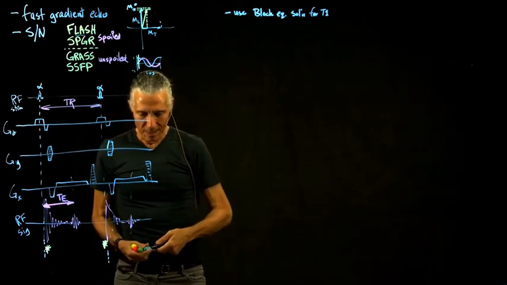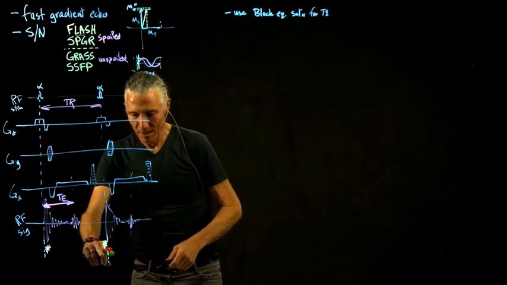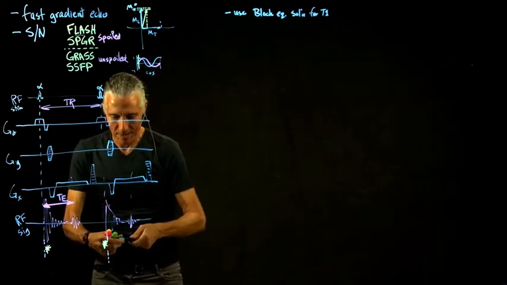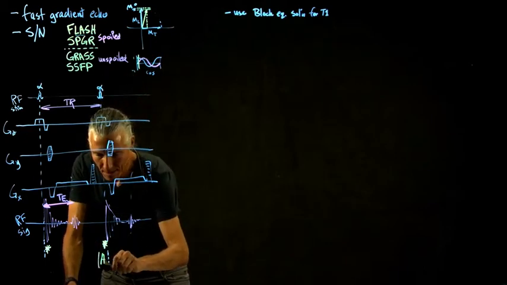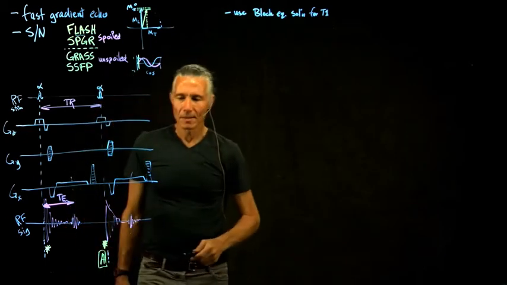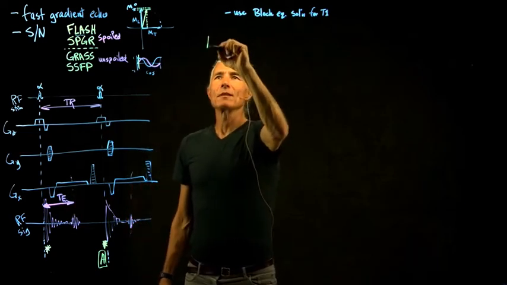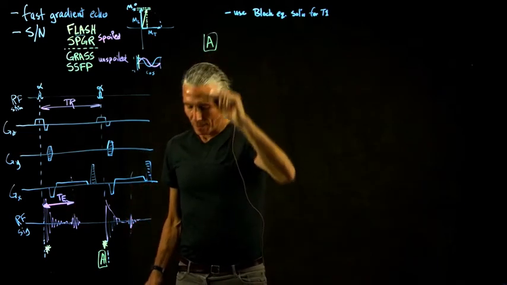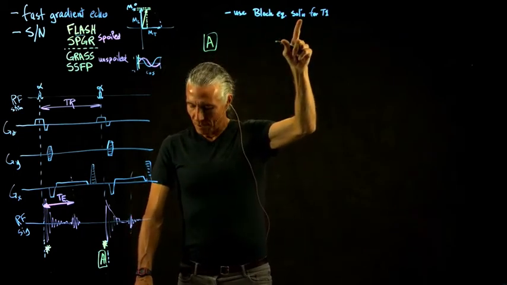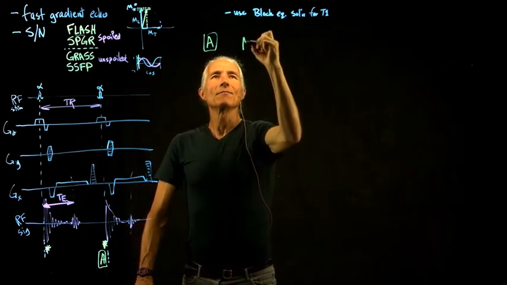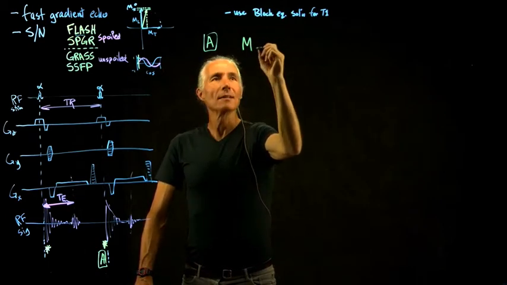The first equation is the equation for here, so I'll put an A here. It's just the Bloch equation solution, and it's a forest of subscripts, but I'll explain all of them.